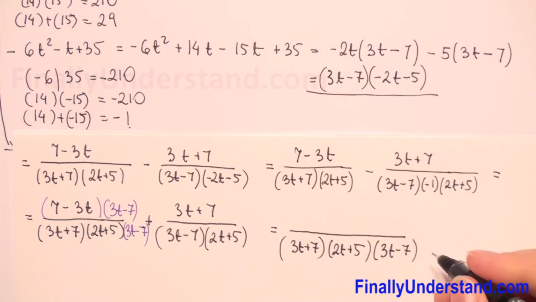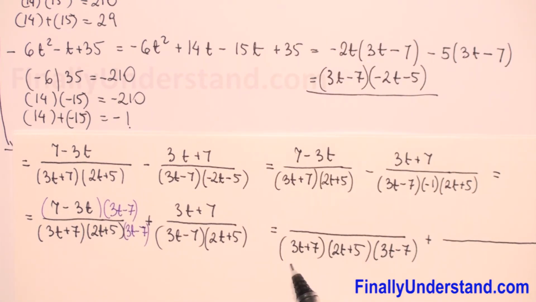And now the second denominator, what will it be? I have to have the same denominator, so I need to put 3t plus 7, 2t plus 5, and 3t minus 7.